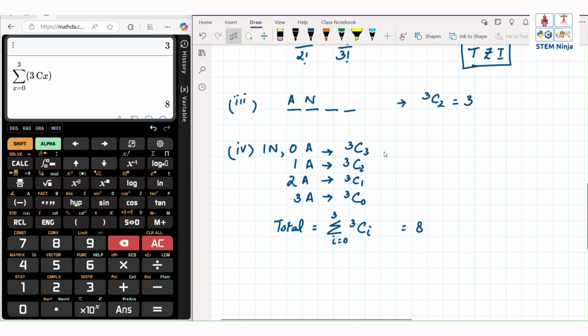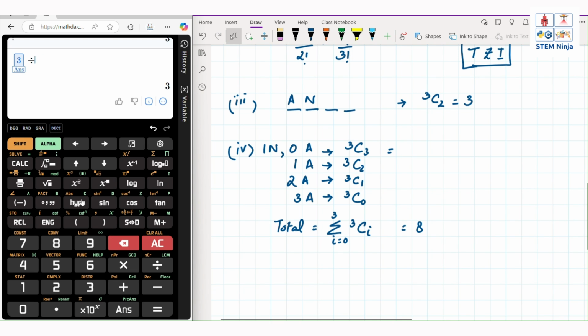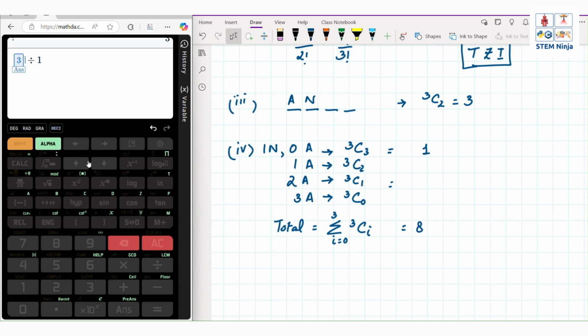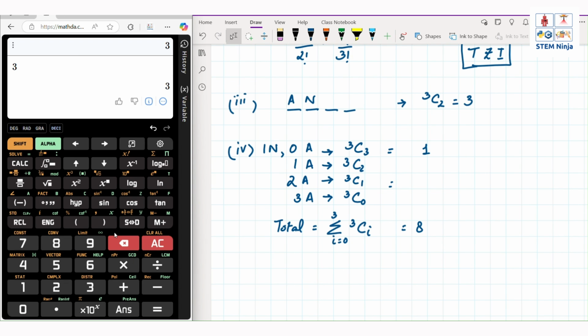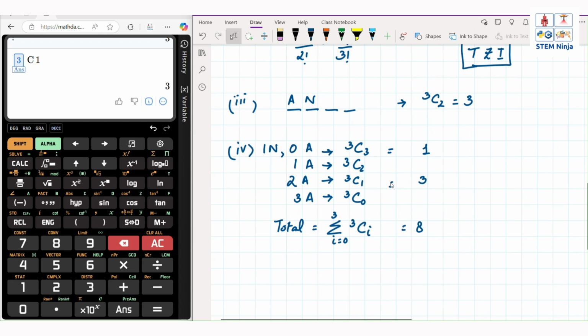You could also do this manually. 3C3 is 1. 3C1 is 3. 3C0 is 1. 3C2 is 3.